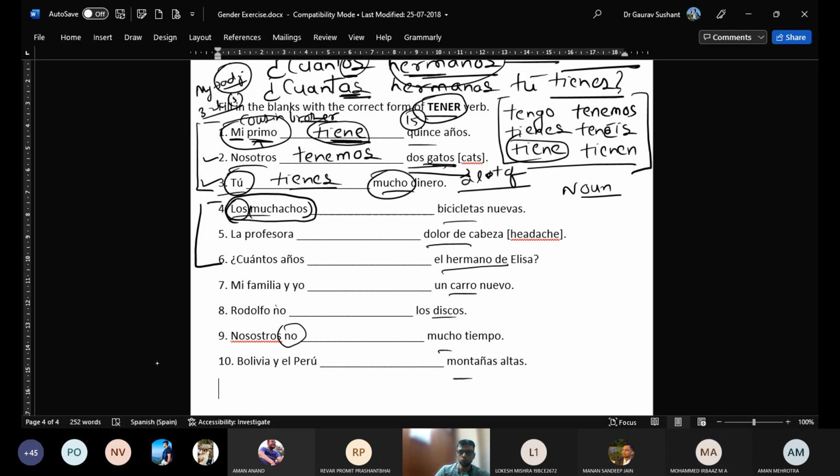And the article is also plural. It means it's a plural noun. So even if you did not know the meaning of muchachos, you could do the answer correctly also, because the subject is noun plural. What could you use? Tienen, isn't it? Noun plural, so tienen.